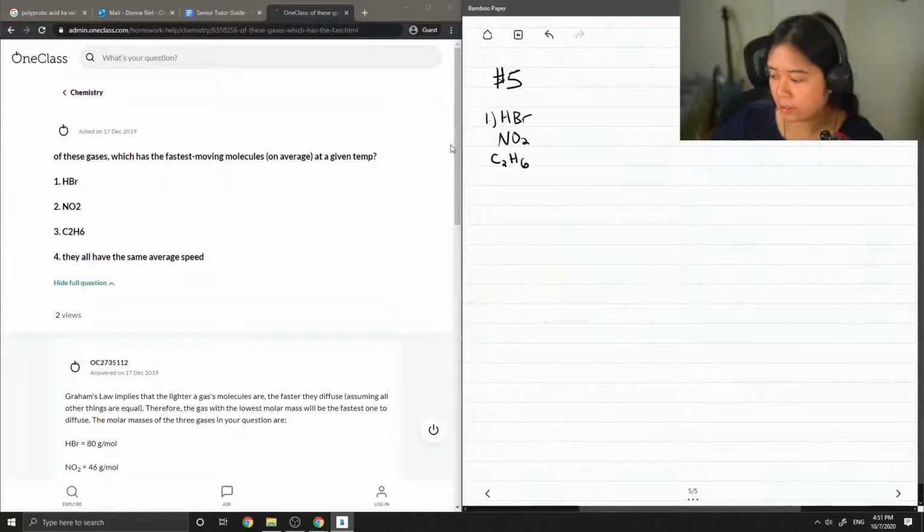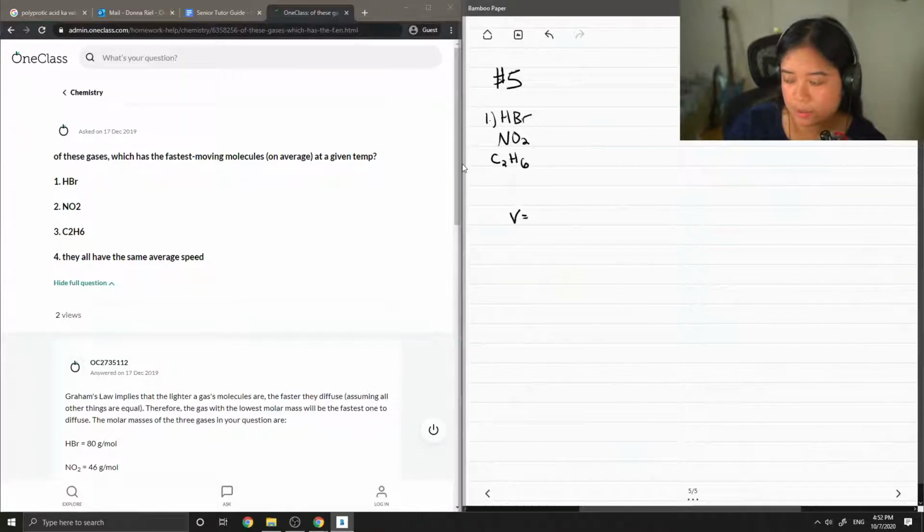In order to calculate a question like this, we're going to use this equation. This is a question that's made from Graham's law. Basically, you can calculate the average speed of a given molecule using its molar mass. So this is the long equation.